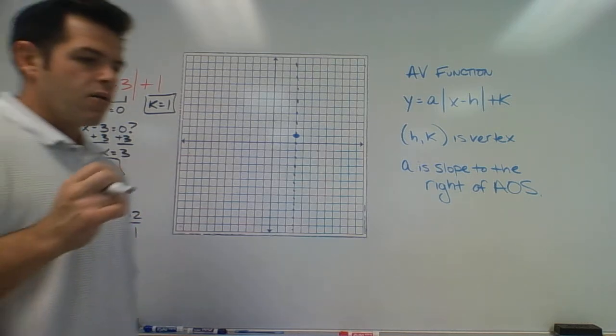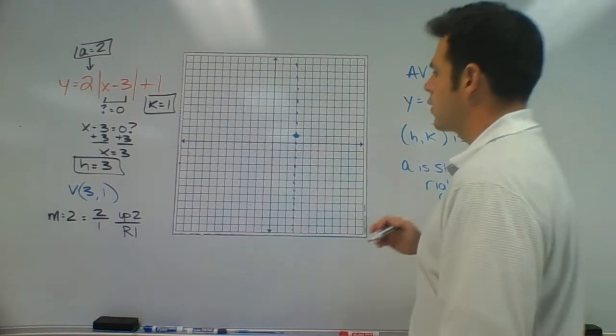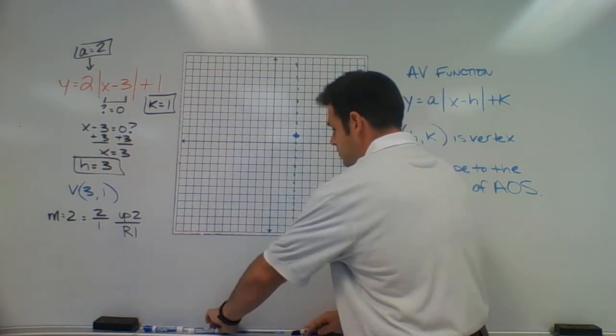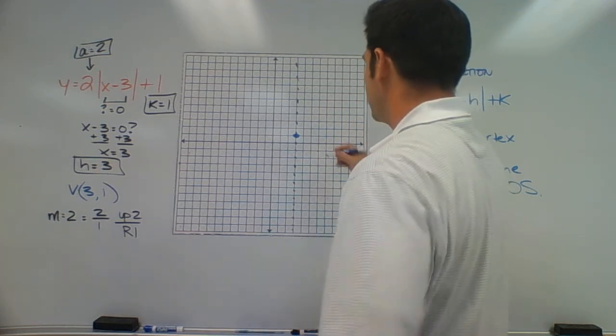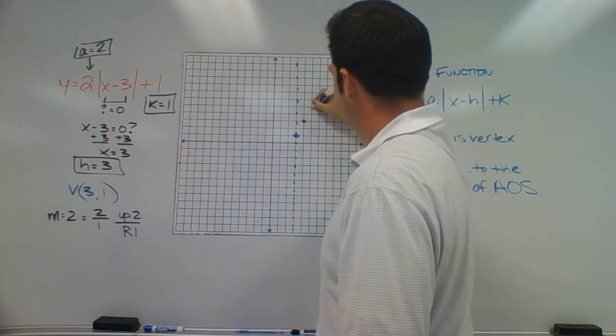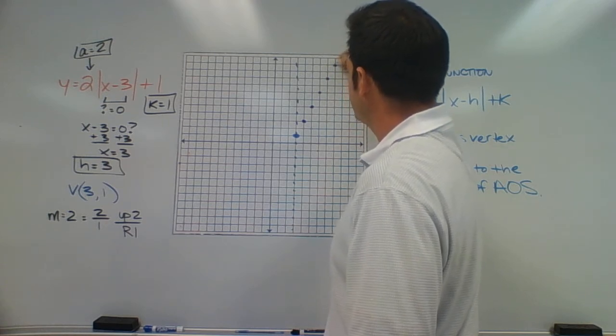So we're counting from the vertex and we're going to go up 2 to the right 1. I'm going to put as many dots as I can put on this graph, and then try my best to connect the dots. So I'm going to go up 2 to the right 1, up 2, right 1, as many times as possible.